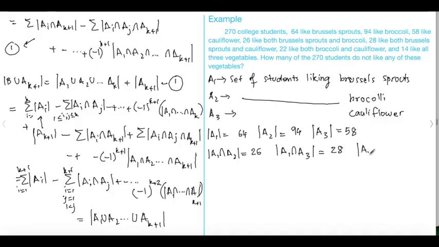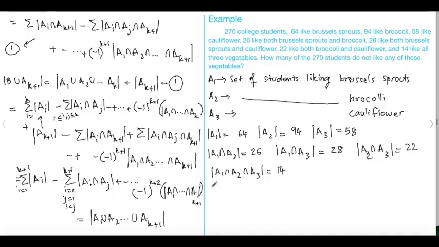And A_2 intersection A_3 is 22, and 14 like all of them, so A_1 intersection A_2 intersection A_3 is equal to 14. What we want to find are those who do not like any of these.